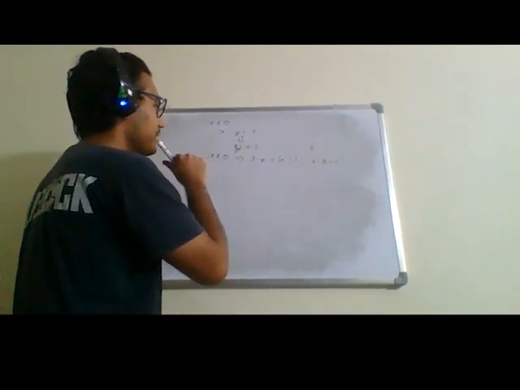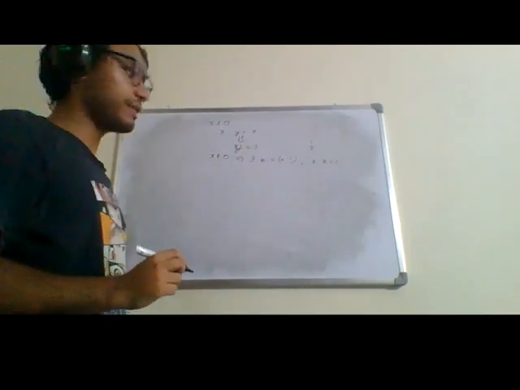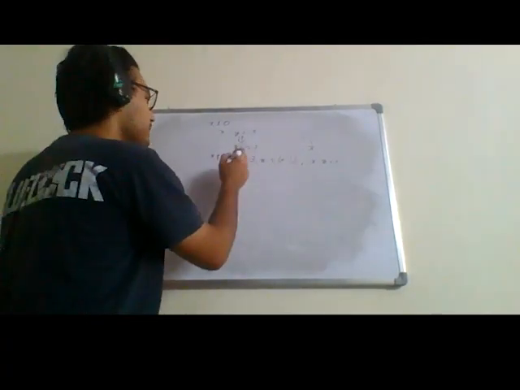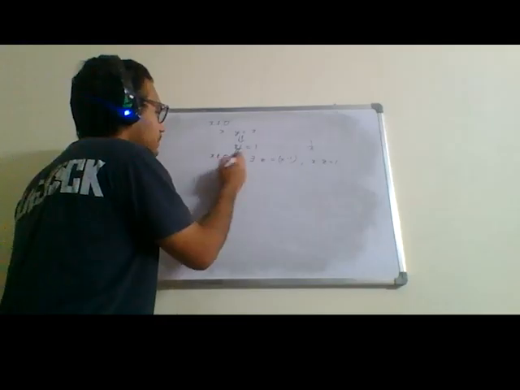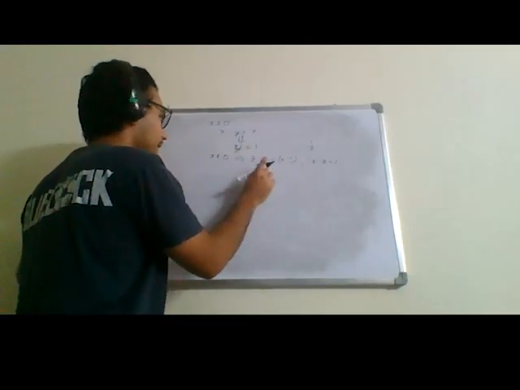Now we have such a z. So now what? And I just said to prove the cancellation law on your own, you can do that, right? So what does that mean? That means you can multiply it on both sides, right?